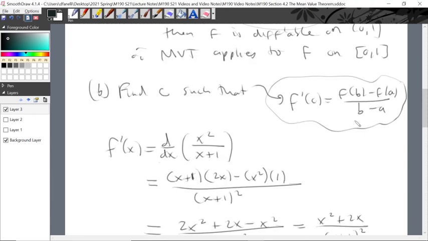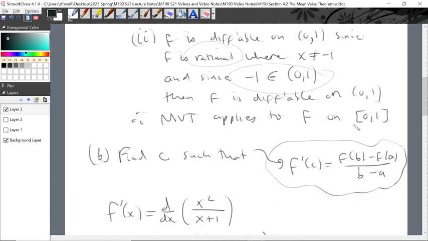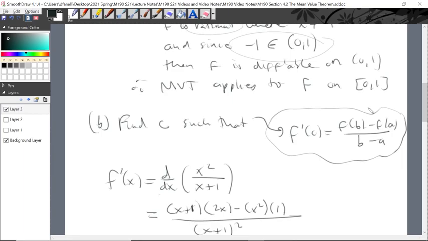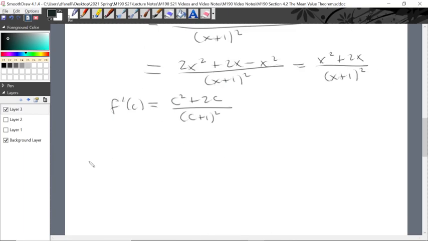On the right-hand side, we have f of b minus f of a over b minus a, where b is equal to 1 and a is equal to 0, because we're on the interval from 0 to 1. So this is to be equal to f of 1 minus f of 0 over 1 minus 0.